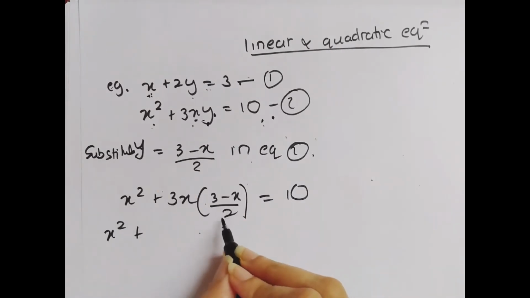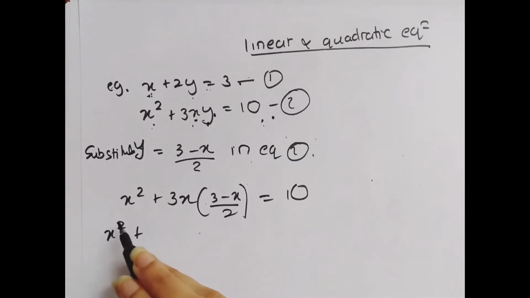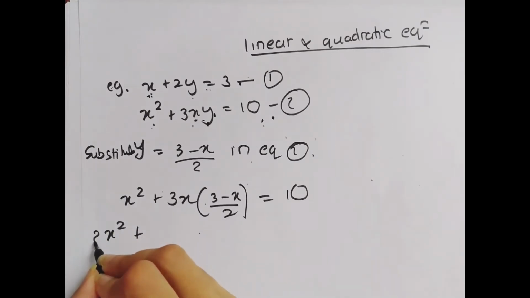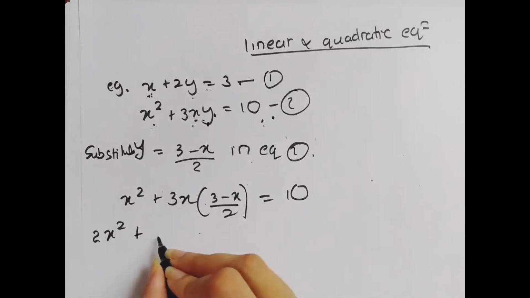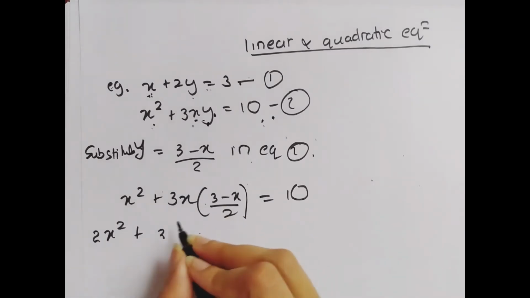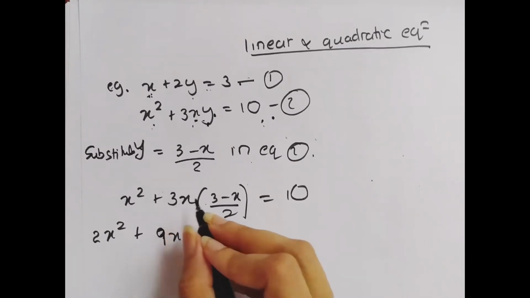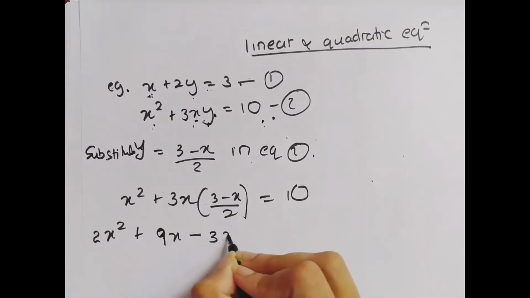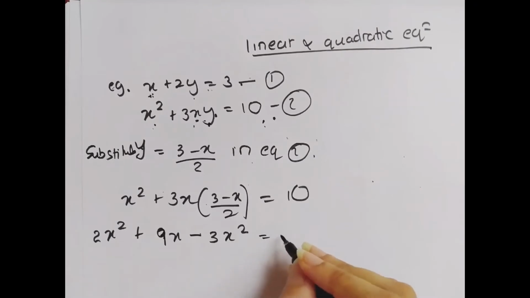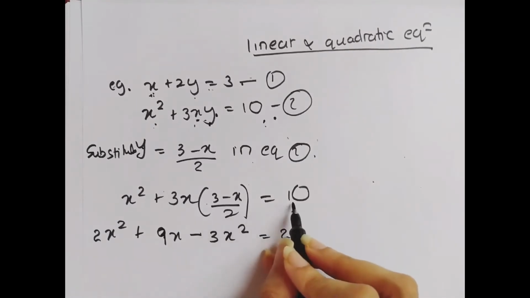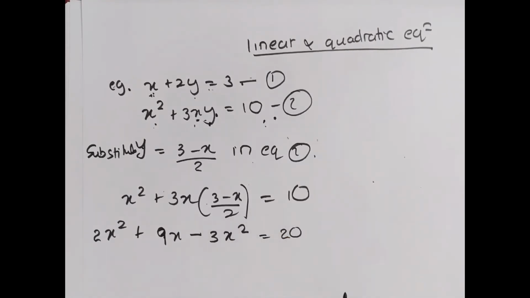So there is a 2 here. It's easy if you multiply the whole equation by 2. So 2x² + 3x into 3 is 9x, and 3x into x is minus 3x², equal to 20. Why? Because I multiplied this by 2 as well.